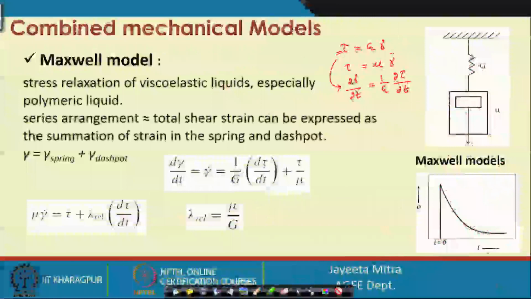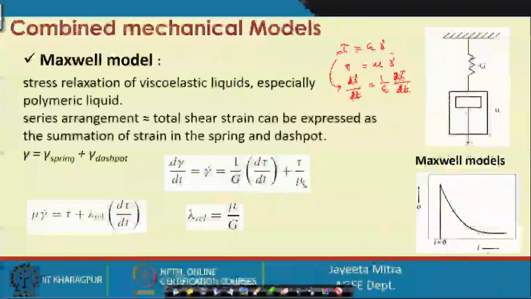So, let us take it as d only. The same thing we have put here: gamma spring is of elastic nature, so 1 by G d tau by dt, plus this will simply be tau by mu. Now, considering this equation, we can express it in this form.